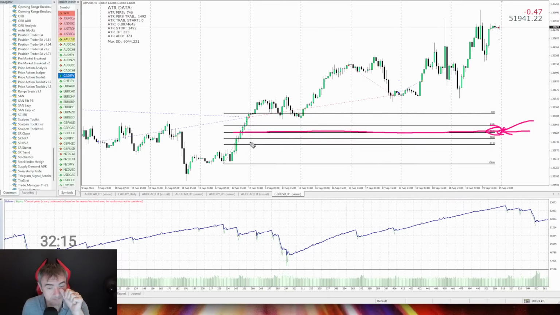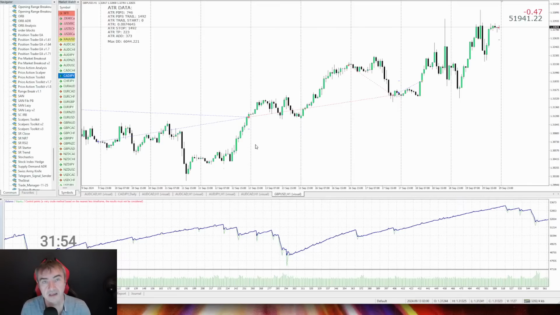What I think is happening in the optimizer is it's using this drawing tool in a different way to how it does in the normal visual or normal strategy tester run. I think that's where there's a bug with the actual way that this is drawn within the optimizer, because the optimizer is working a lot faster to get a lot more testing done. So I think there's some kind of weird bug in there.